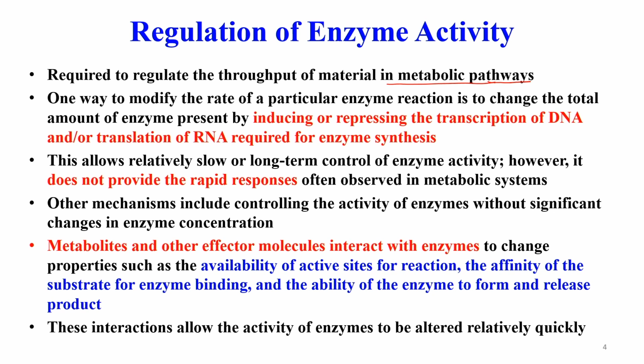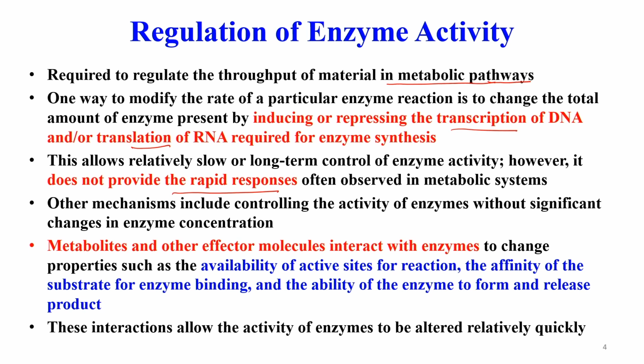One way is through the synthesis of protein, where we either induce or repress transcription and translation, so that we have less or more synthesis of proteins which act as enzymes. However, it does not provide a rapid response.